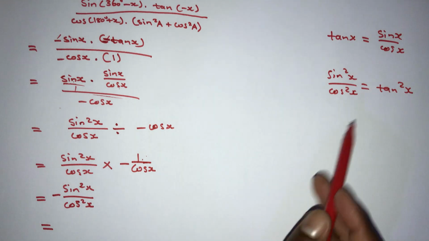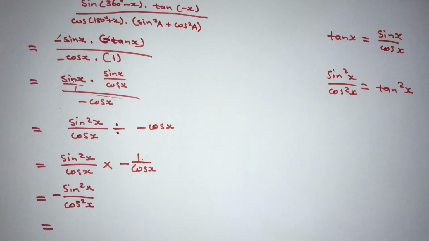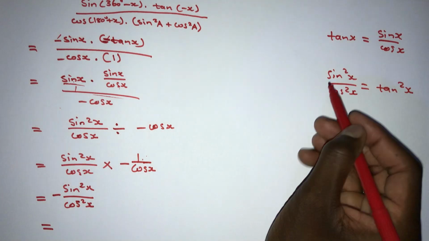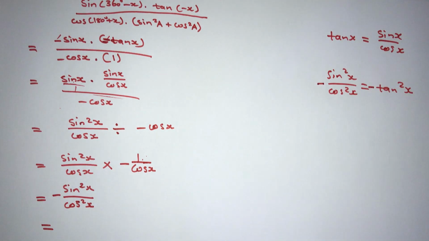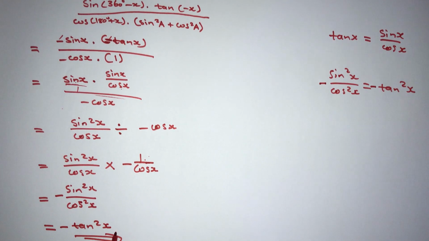Since there is a squared, that means even our tan must be squared. But since there is a negative here, this one's going to be negative tan squared x. So this is our answer.